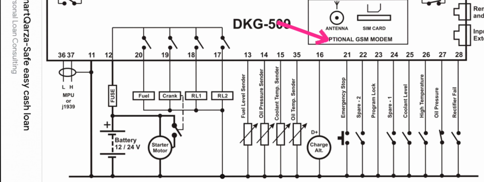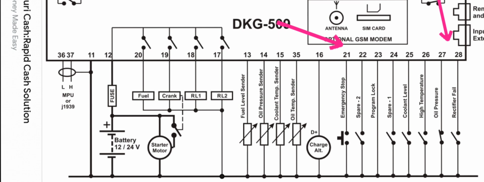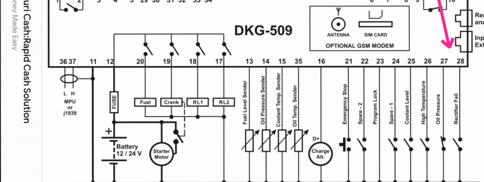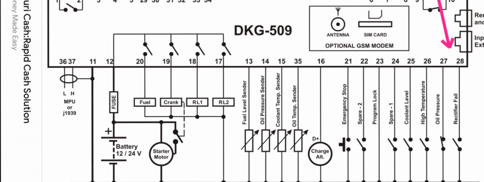Pin 25 is the coolant temperature level, pin 26 is high temperature, pin 27 is oil pressure, and pin 28 is the rectifier fail input. This is used so that if the generator stops producing voltage, it raises an alarm to display rectifier fail. That means your generator is not producing any power.